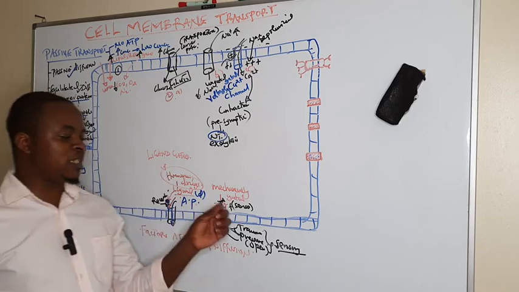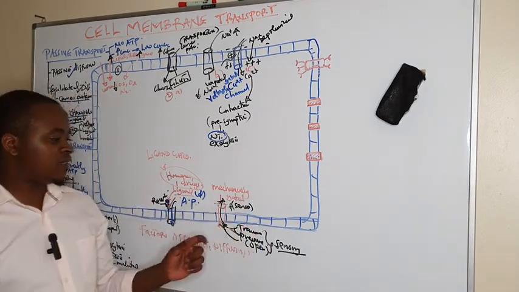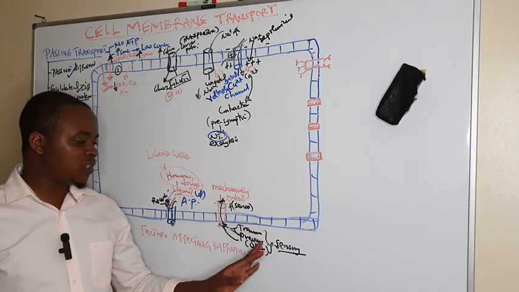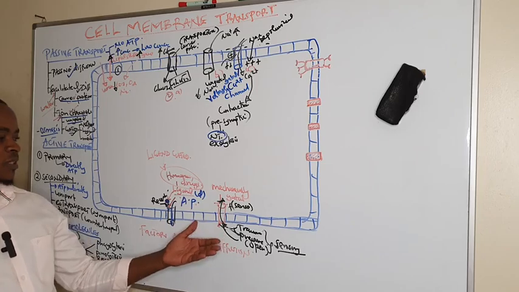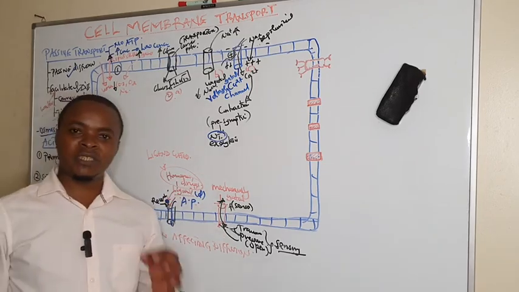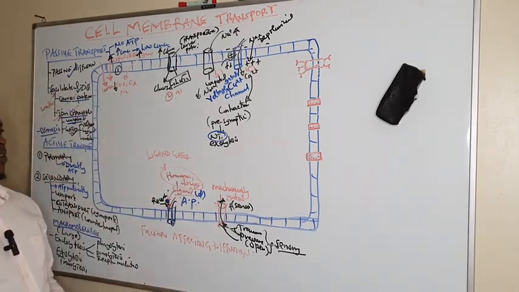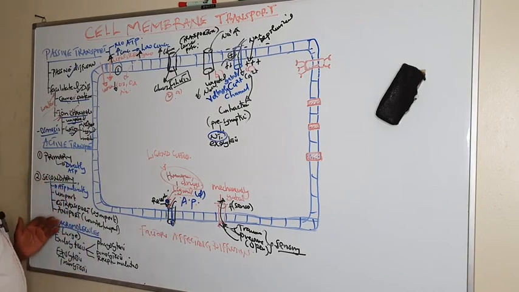And we have also seen the ones which are mechanically gated, that are triggered by physical substances like change in pressure, which causes transmission of impulses in the sensory neurons, and you can respond. So this is what we can discuss under passive transport.